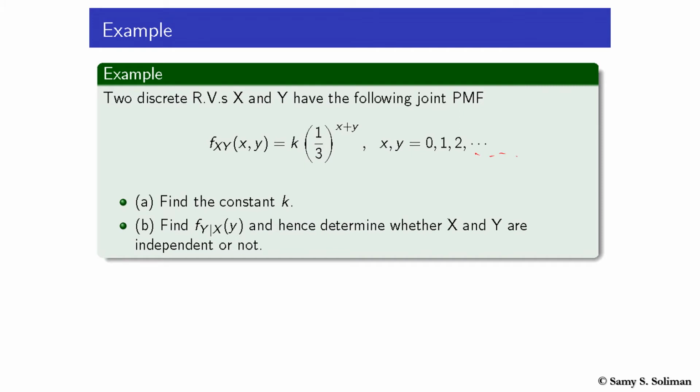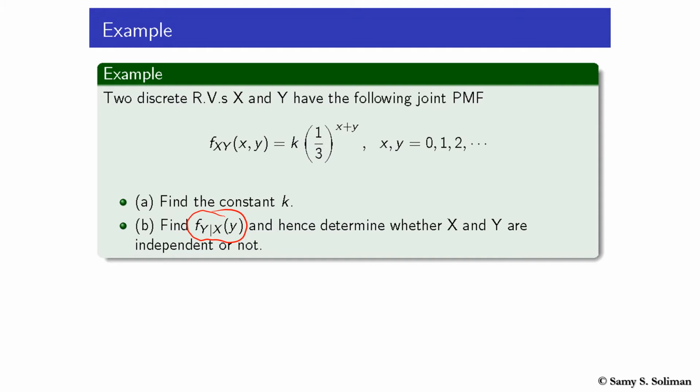So that is all the positive integer values from 0 to infinity. The first requirement is to find the constant k, and then to find the marginal distribution f of y given x, from which we want to determine if x and y are independent or not.